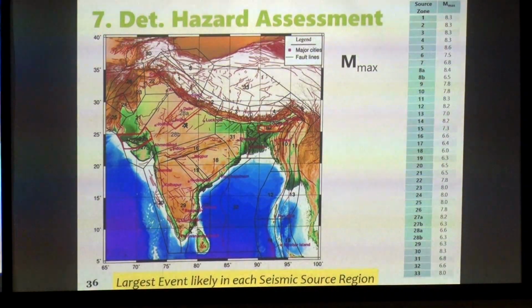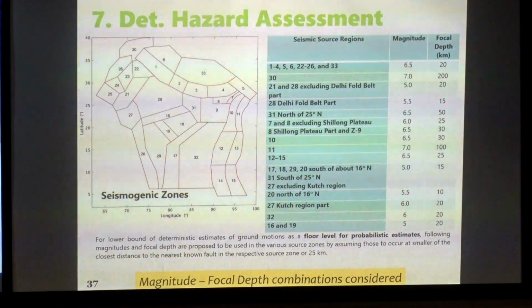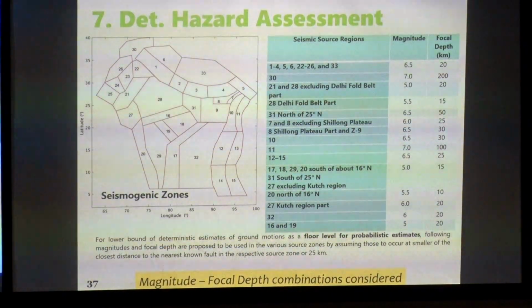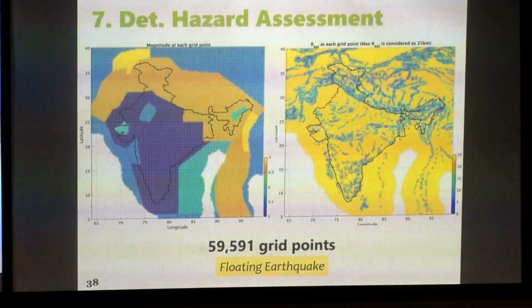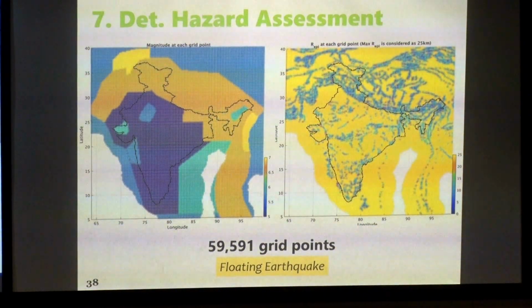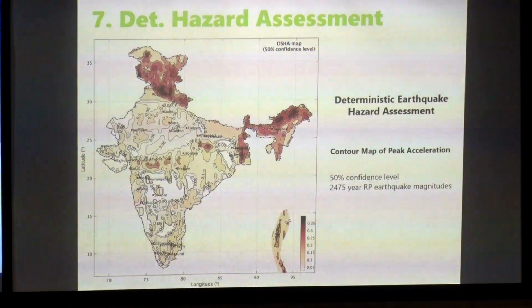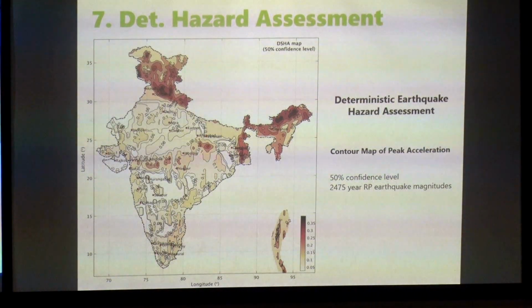For each of the source zones, the largest event was taken into consideration, and then again a deterministic seismic hazard assessment was done. The country was again demarcated into different regions. About the same 60,000 grid points were taken, and then finally we got a deterministic seismic hazard analysis based contour.